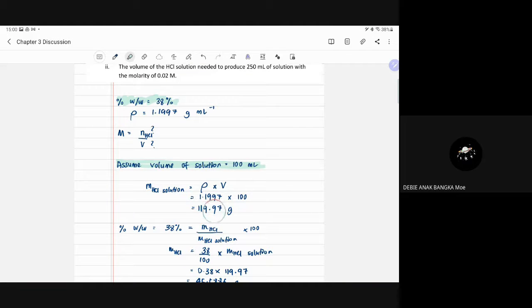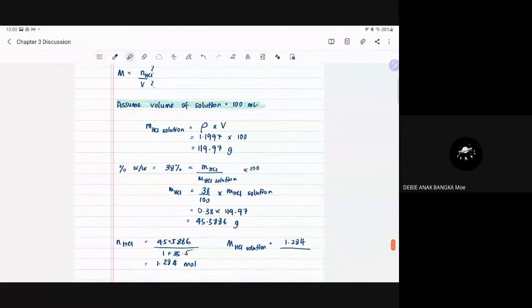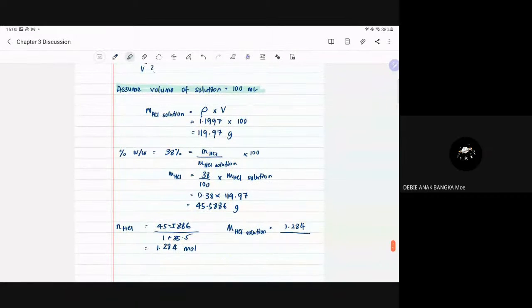Ada juga nak perpuluhan tapi 2 je. Decimal place. Kamu tetap akan dapat molarity dia sama. Nanti saya nak kamu cuba buat kamu assume volume dia 10 ml. Pun boleh, tiada masalah. Kamu tetap akan dapat molarity sama. Okay. So, ini bahagi ini. Kita akan dapat 12.84 molar.